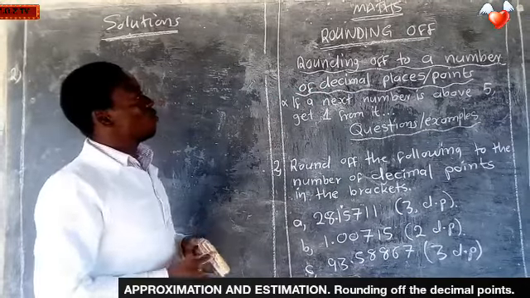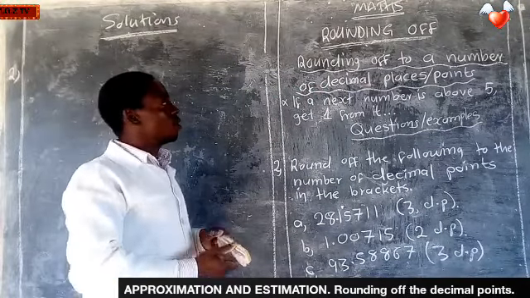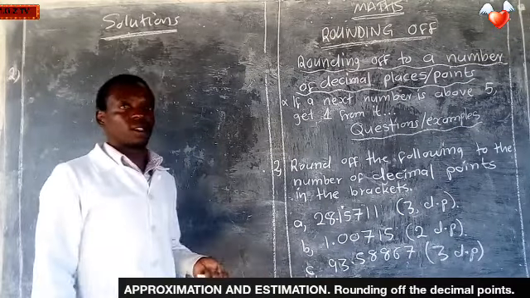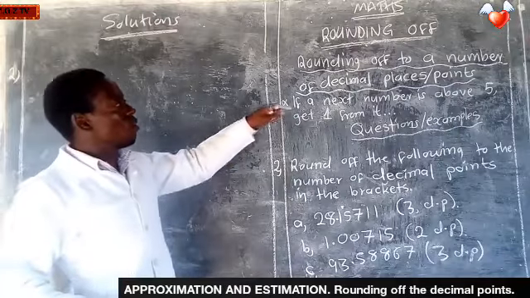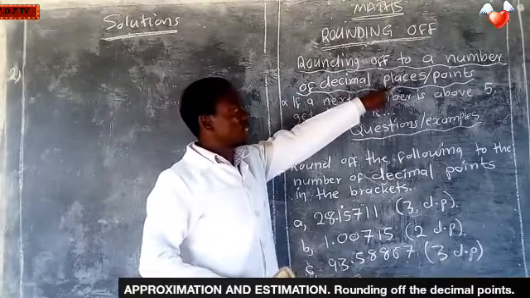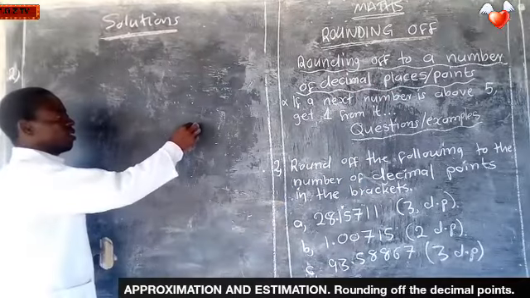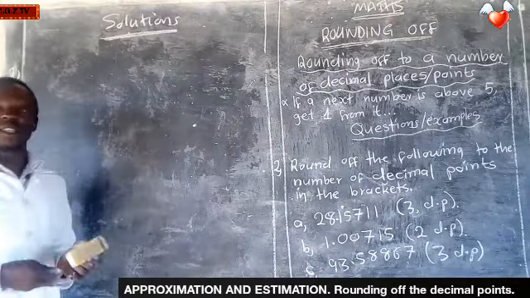Right, rounding off to a number of decimal places or decimal points. Now, when you are talking of a decimal place or a decimal point, what we should observe is the point in the question.